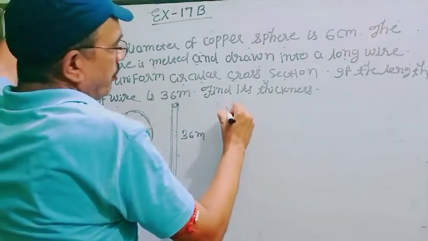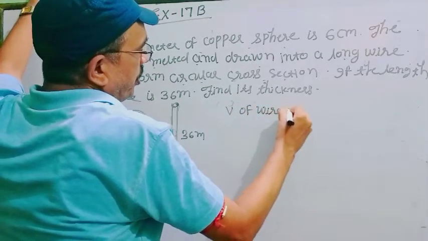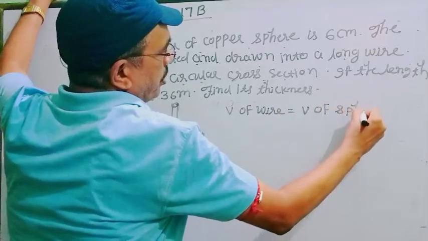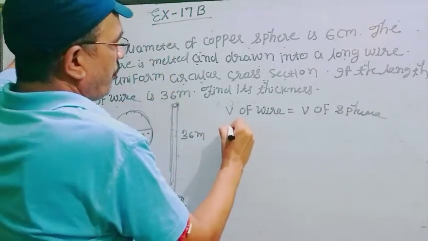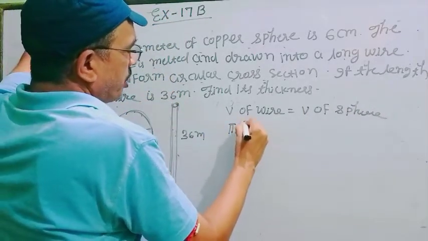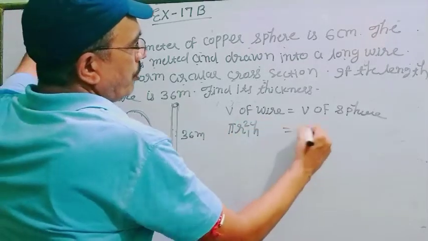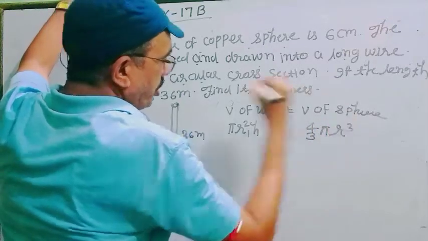So we write volume of wire is equal to volume of a sphere. So what is the volume of the wire? Volume of wire is pi r square h. This is pi r1 square h, and the volume of the sphere is what? 4 by 3 pi r cube.